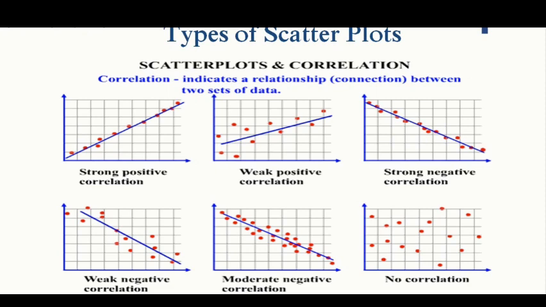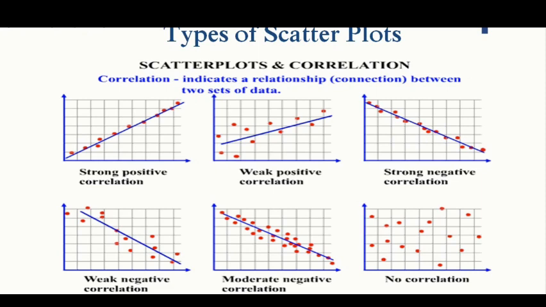Now, why is it called strong negative? Again, there is less joint variation among all these points. They are pretty tight around a straight line. So, there is a linear relationship and the relationship is pretty tight.